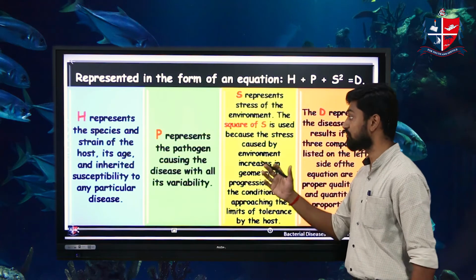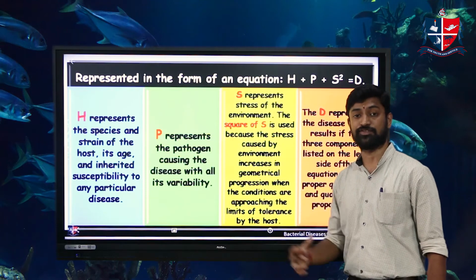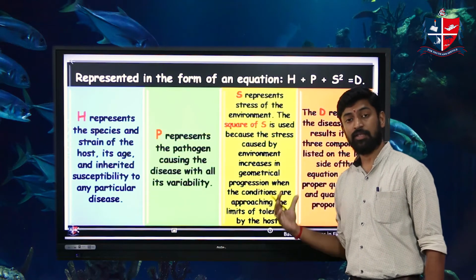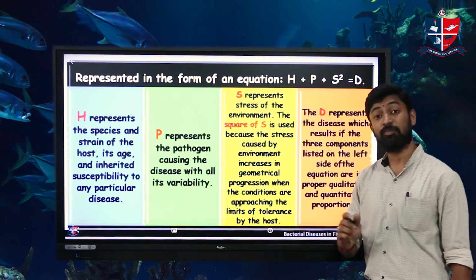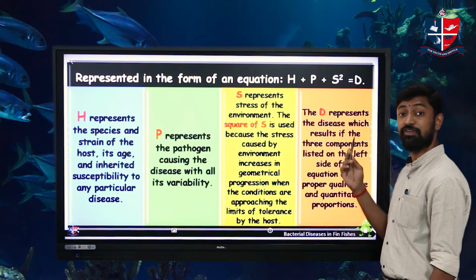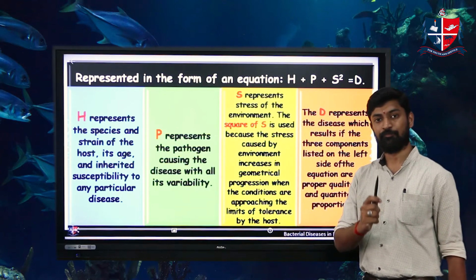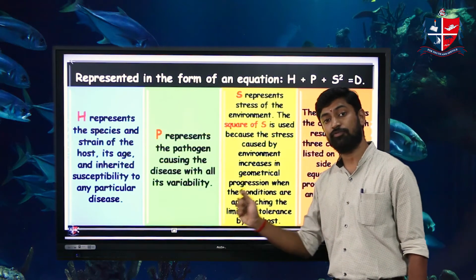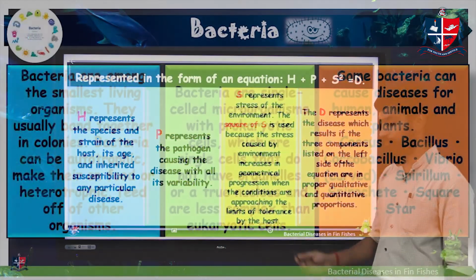And here we use S square because stress will be increased due to some environmental factors. So in this equation we use S square for environmental stress, and finally we get the result D, that is disease. These three parameters form the disease in aquatic organisms.